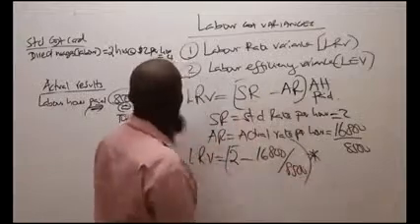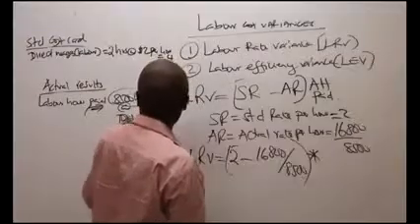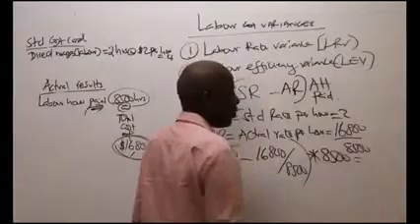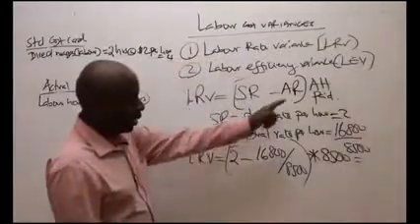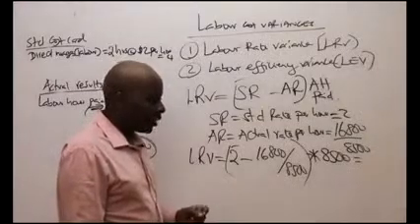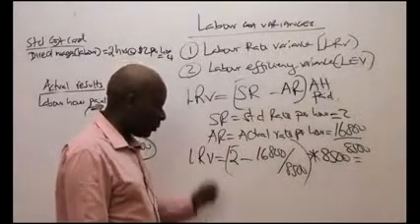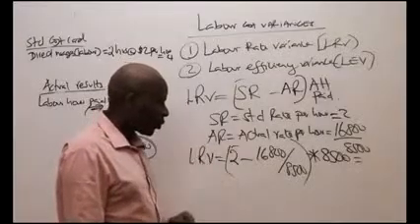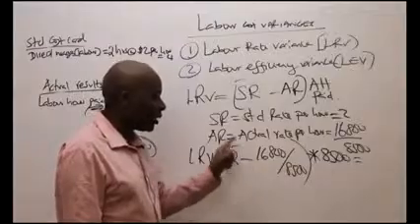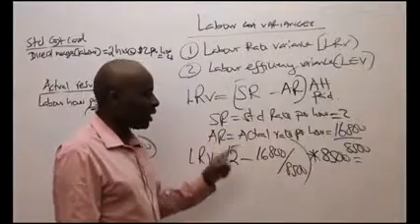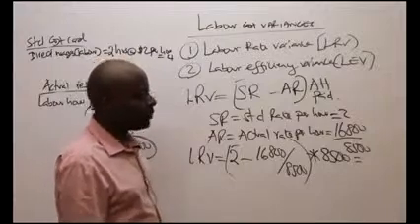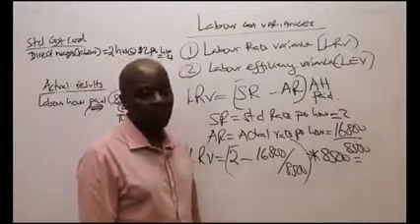The actual hours that were paid were 8,500. So take a step of faith, take out your calculator, open brackets, 2 minus this divided by that, close, times 8,500, and please give us a figure. We put it down here.